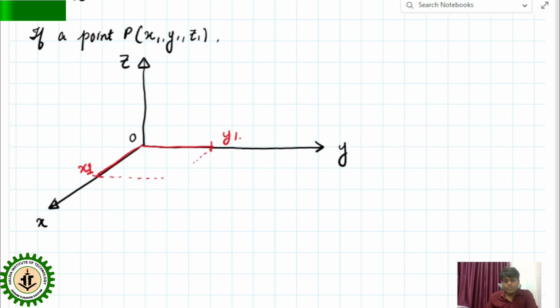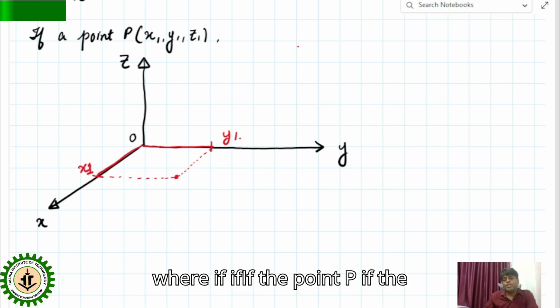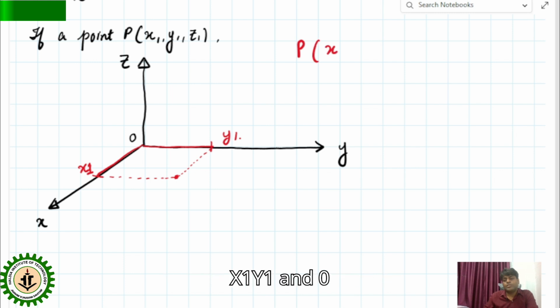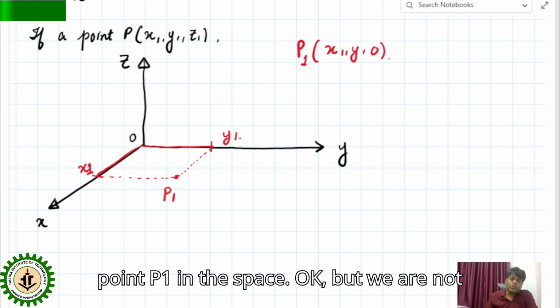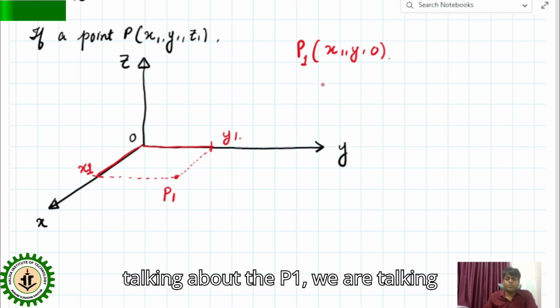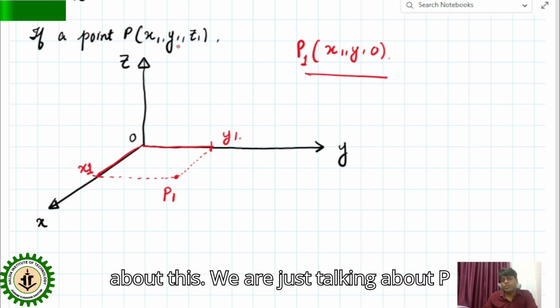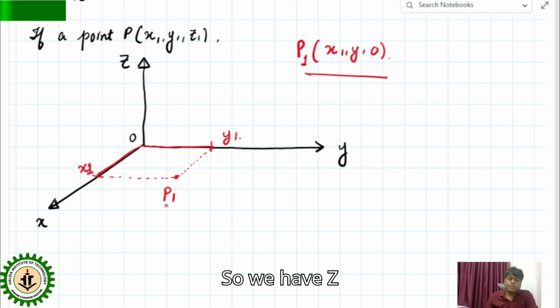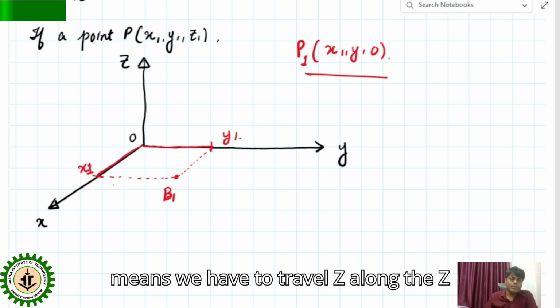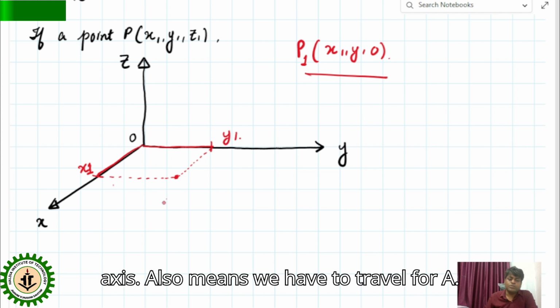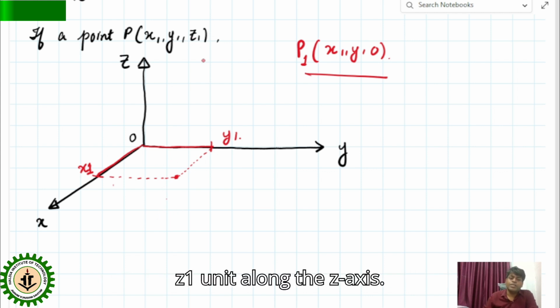Now if the point P has the location x1, y1 and 0, meaning it doesn't lie along the z axis, then if P1 is that point, this will be the location of point P1 in space. Okay, but we are not talking about P1, we are just talking about P. So we also have to travel z1 unit along the z axis.